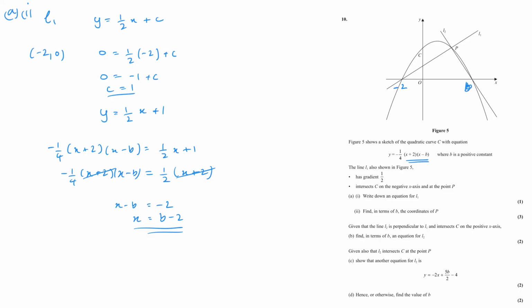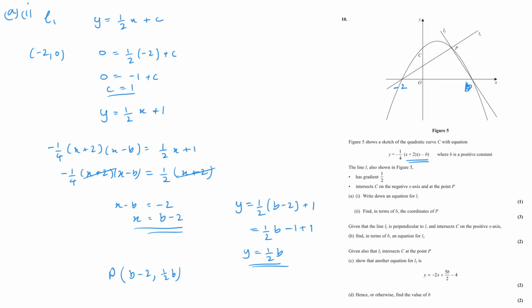And then substituting into L1, so y equals a half times b minus 2 plus 1. So it's a half b minus 1 plus 1, or a half b. So that's my y. So the coordinates of P are b minus 2, half b.